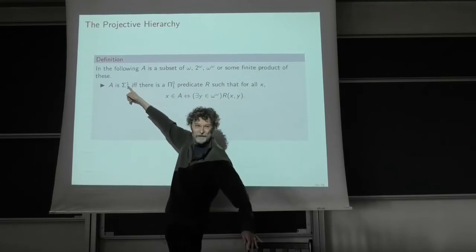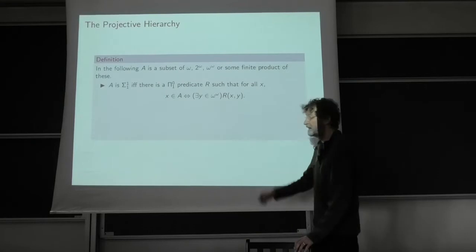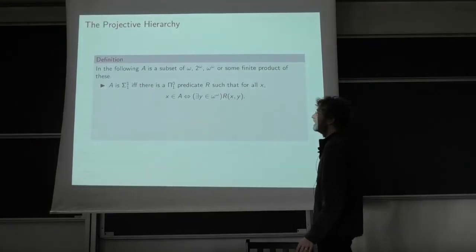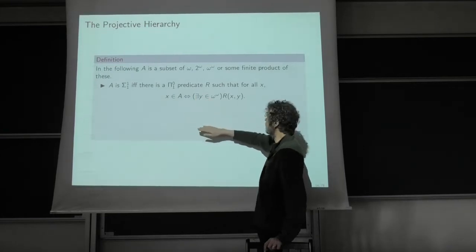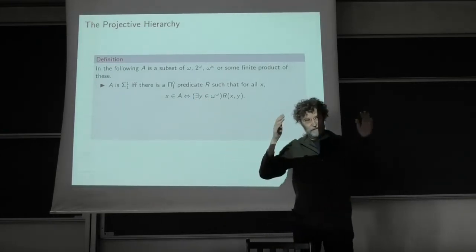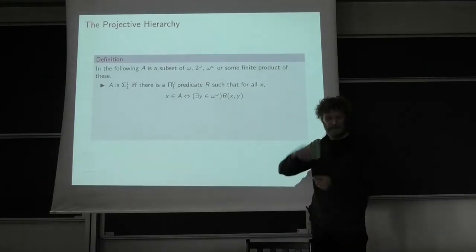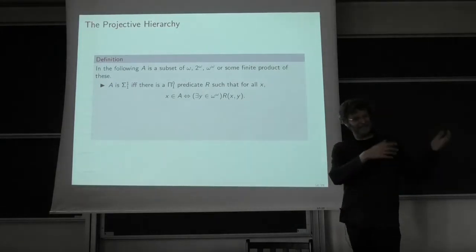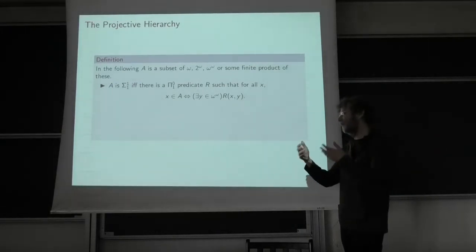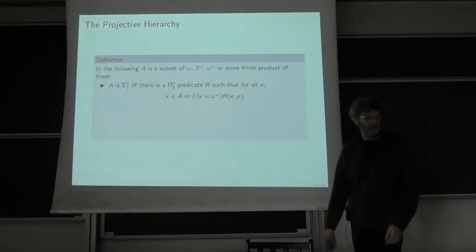Now, we're going to talk about what happens when 0 goes to 1. Okay, so a set is sigma 1, 1 if there is a pi 0, 1 predicate. A pi 0, 1 predicate is: for all n, some recursive thing holds of the argument. X is in a pi 0, 1 class, a pi 0, 1 set defined by: X is in if and only if for all n something computable happens.